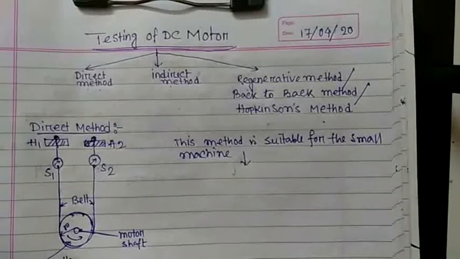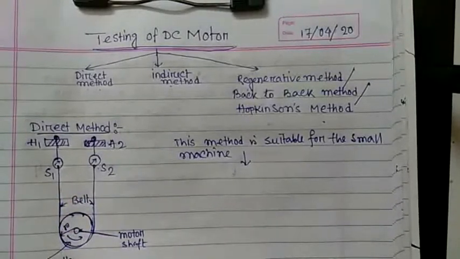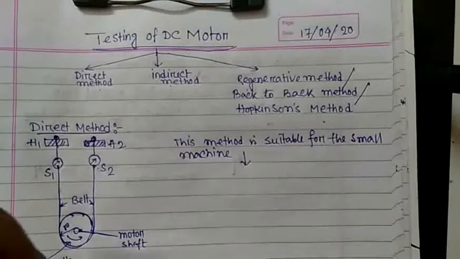In this method, the machine is subjected to rotate at a rated load and the entire energy is wasted. The ratio of output power to input power is the machine efficiency, as we already know.